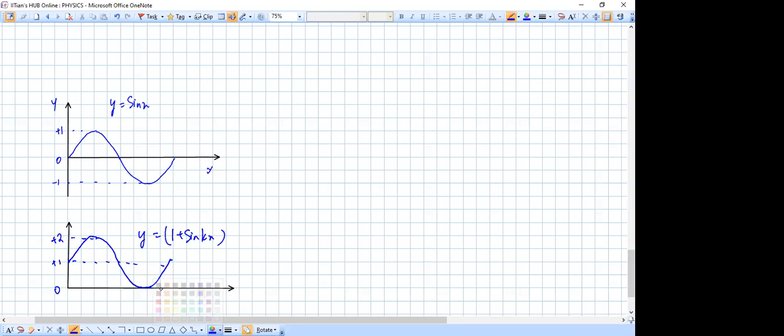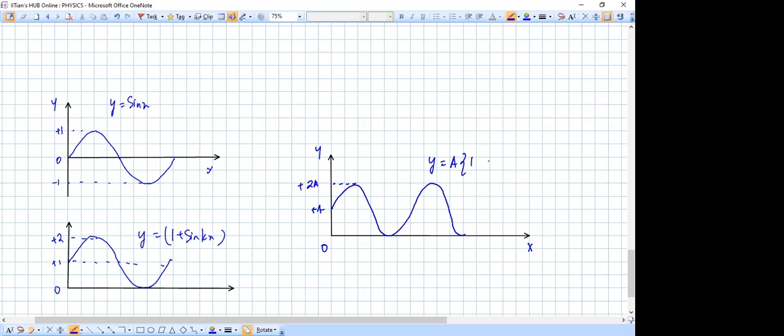So now, if you look at a more general graph, this type of graph, if you look at.